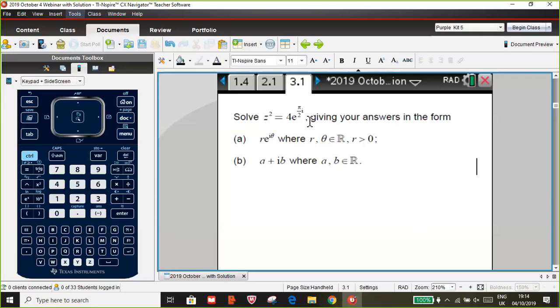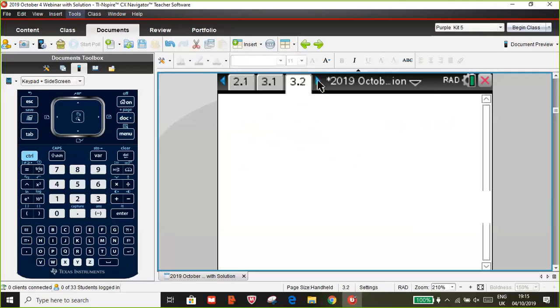So what we can do is, basically, you can change this to the normal 4i. For weaker students, you can do that. Okay, let me show you the question here.